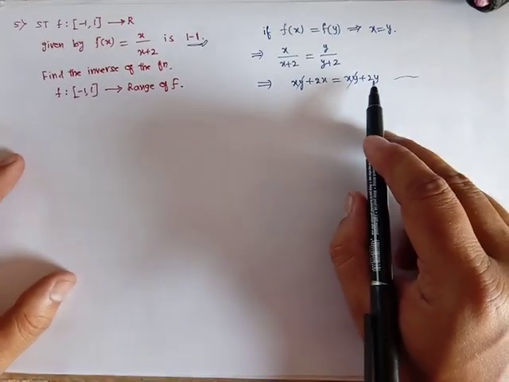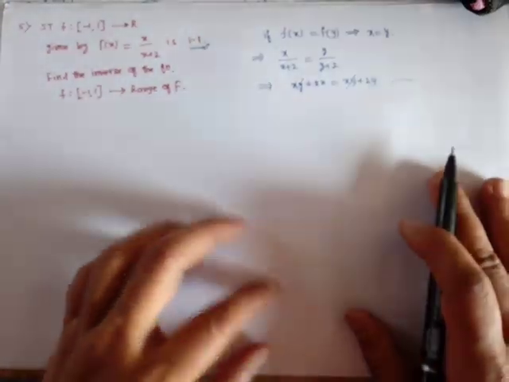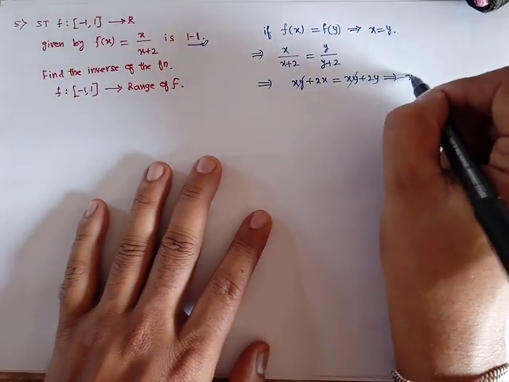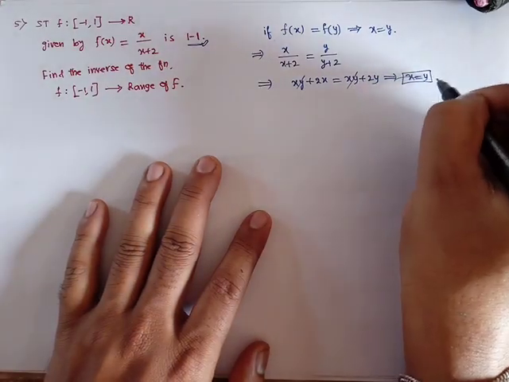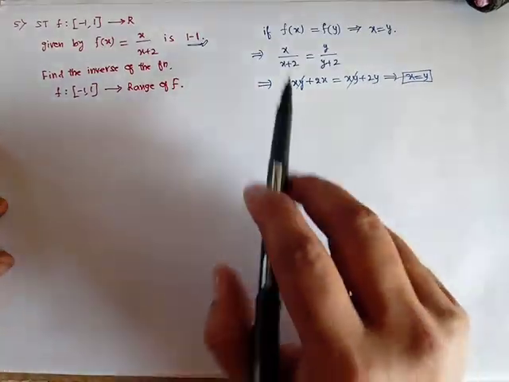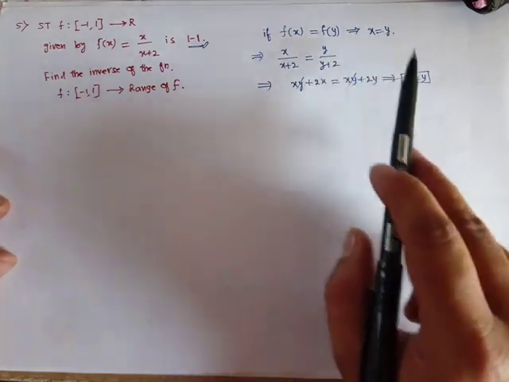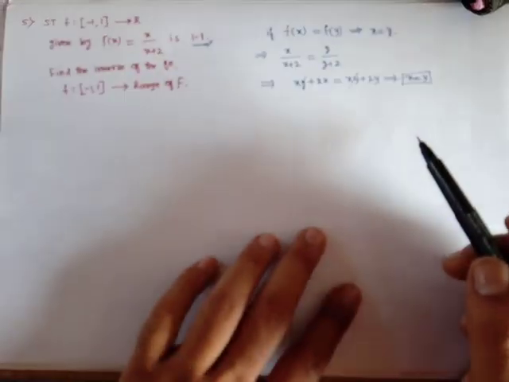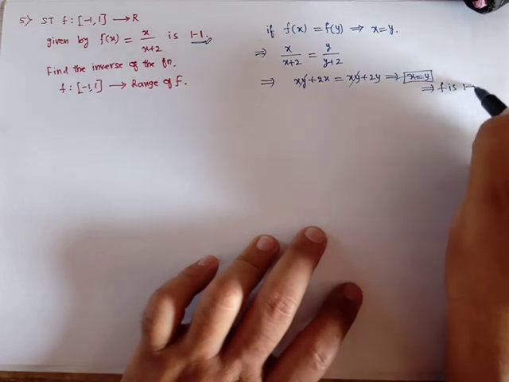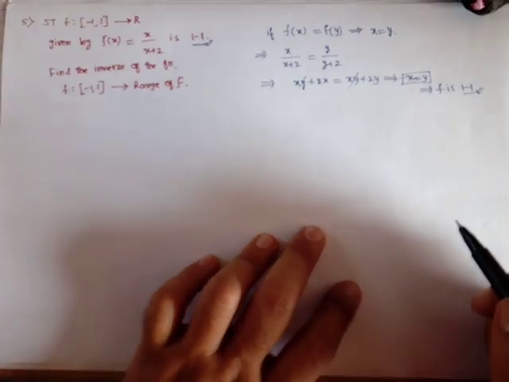Now 2x = 2y, so this implies x = y can be written after 2 is getting cancelled. Now if f(x) = f(y), we are getting x = y, so this implies f is said to be a 1-1 function.